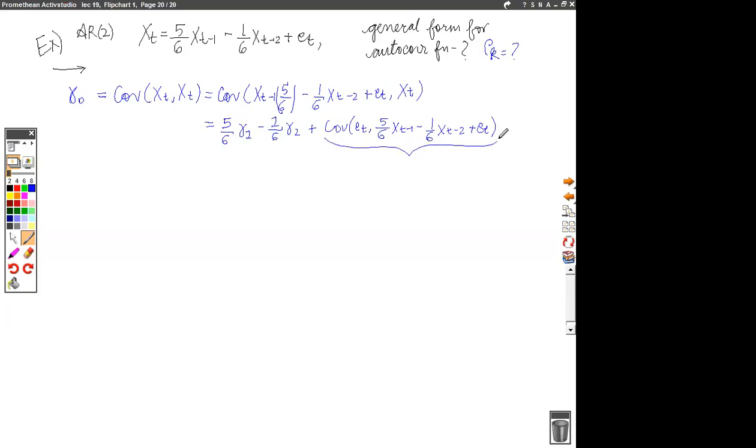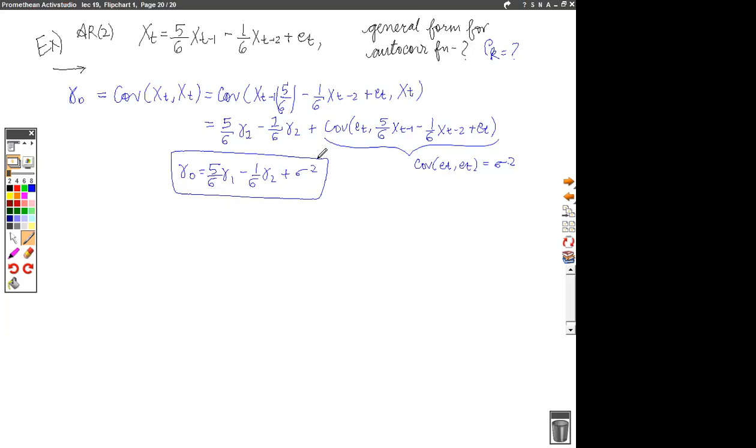This value will just be the covariance of et comma et, which is the variance of et, which I didn't mention, but is sigma square. So my gamma 0 is equal to 5 upon 6 gamma 1 minus 1 upon 6 gamma 2 plus sigma square. This is one equation that I have.